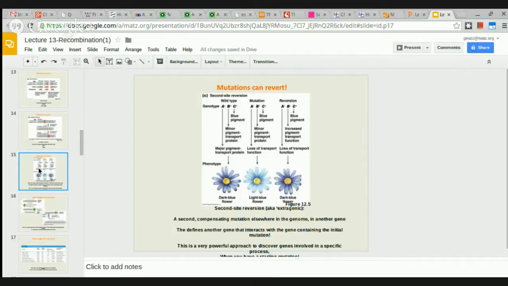So to repeat, this is a very powerful approach to discover genes involved in the process. And to do that, you have to have a starting mutation. So you're using mutation, say, squared. You need a starting mutation with a phenotype, and that allows you to get other mutations that revert the phenotype, and then you isolate those genes and you study the process more in depth.